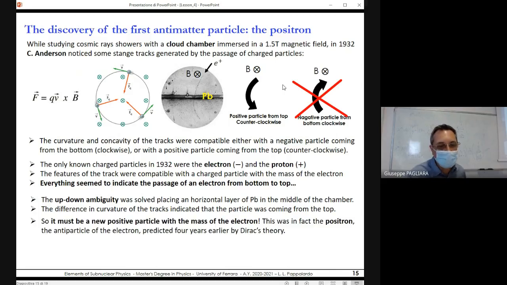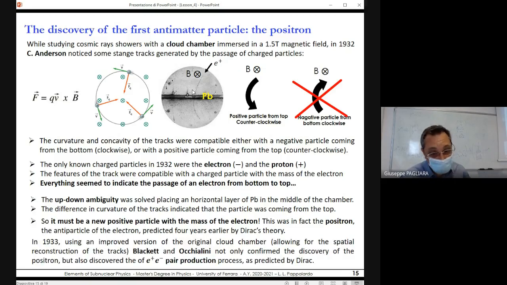And the solution, of course, is that this must be a positively charged particle coming from the top and with the mass of the electron. So this was indeed the discovery of the positron, the first antiparticle ever discovered, as predicted by Dirac 4 years before.